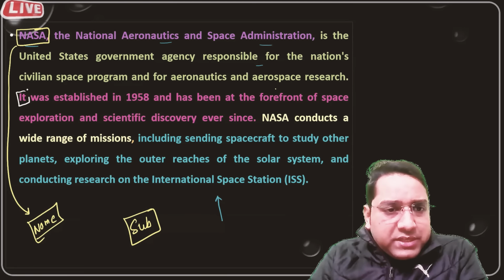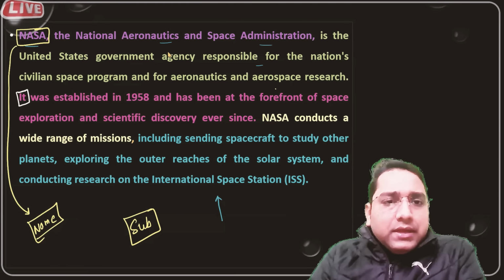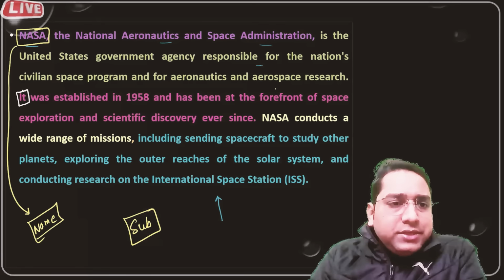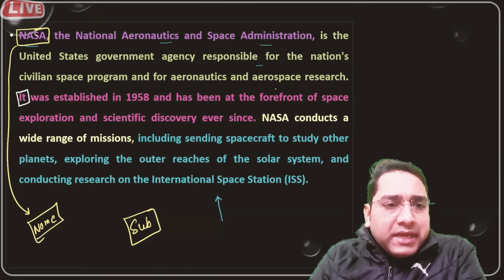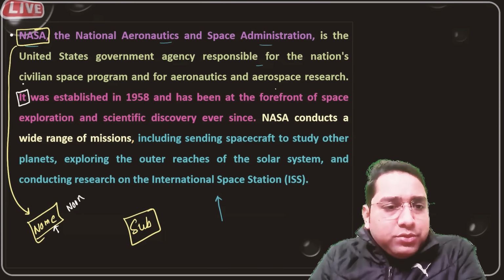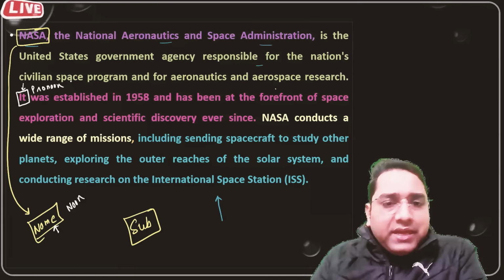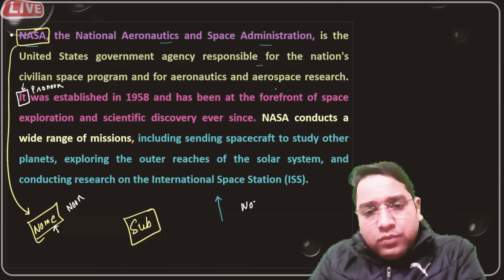NASA, correct. So this it is used in place of the word NASA, which was a name. Name means noun. And the word which is used in place of a noun, we call it a pronoun. So you can simply find out here that first the noun was given and then the pronoun was given, correct?